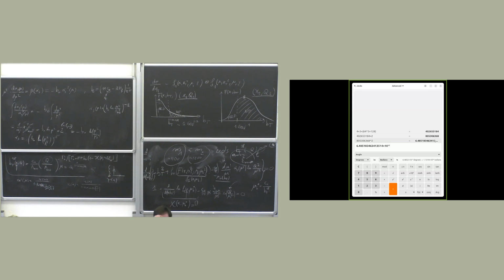Usually numbers on a computer you store in bytes, right? A double precision number is 8 bytes, okay? So that's about 5 times 10 to the 18 bytes. How much is that? Let's start dividing by 1024.